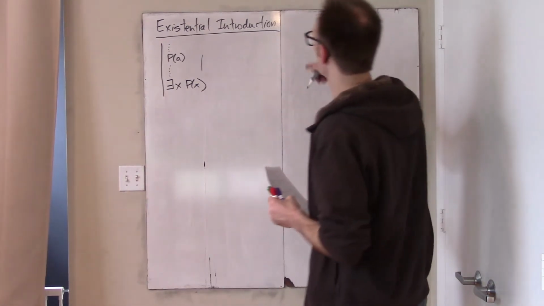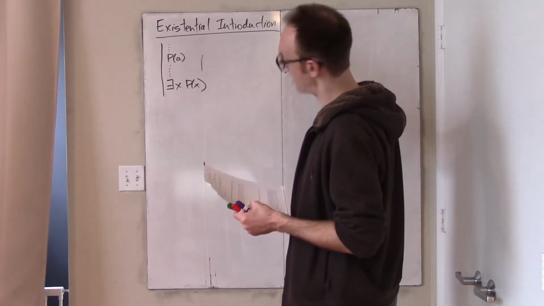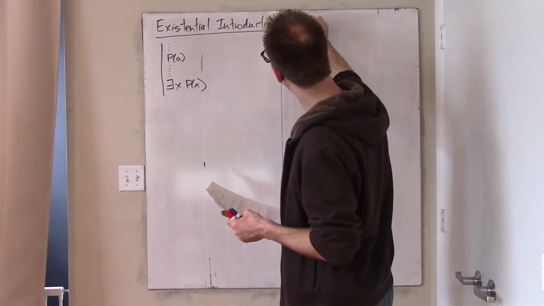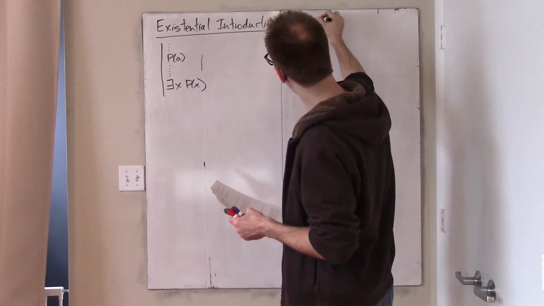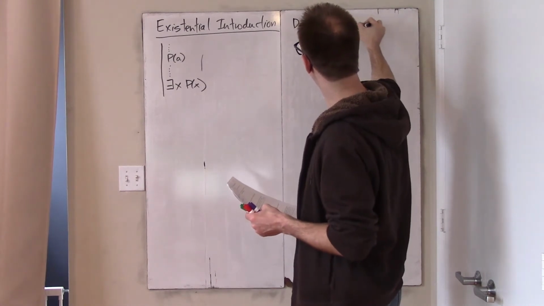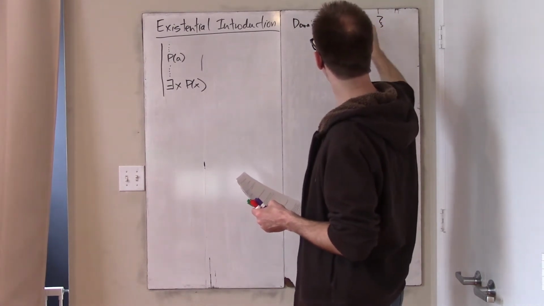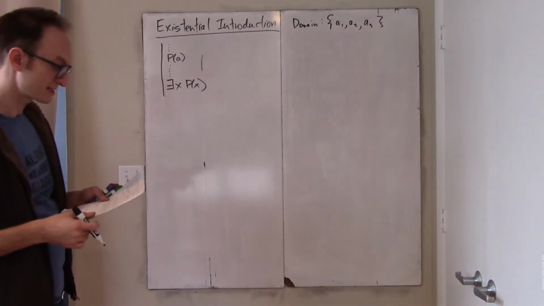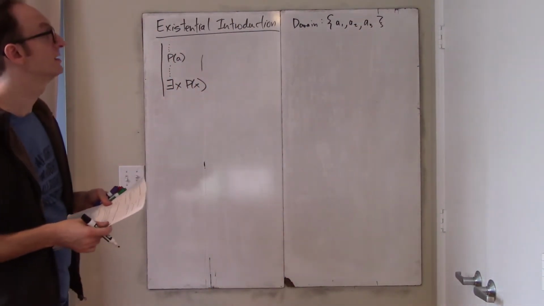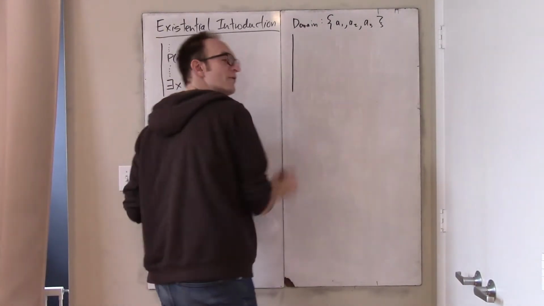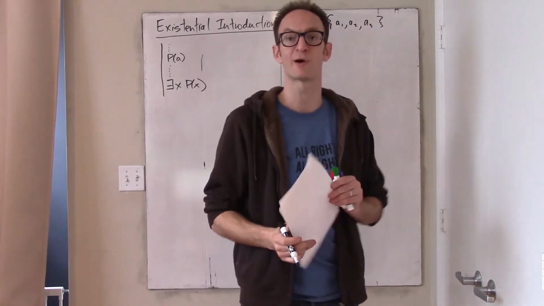And so now we're going to imagine over here a domain. Let's just imagine that we have a finite domain. Let's imagine that the domain is A1, A2, A3. Okay, so let's suppose that there are only 3 objects in this domain. Well then, I don't really need predicate logic ever.